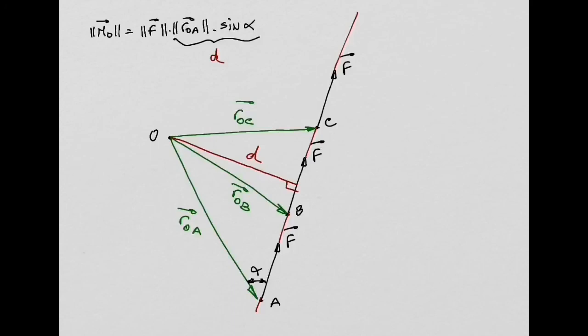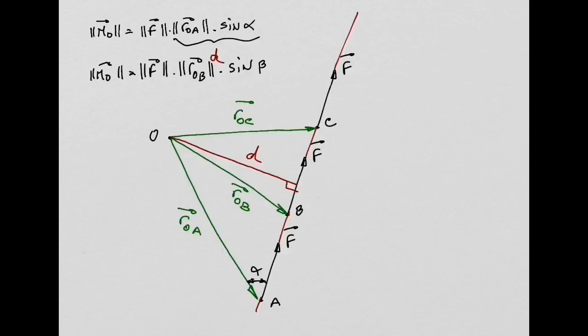Now, if I look at the moment produced by the force applied at point B, I will have the norm of the force times my position vector now ROB, times the sine of, let's say now, angle beta.